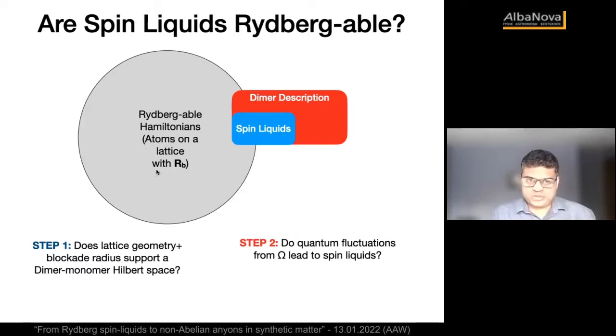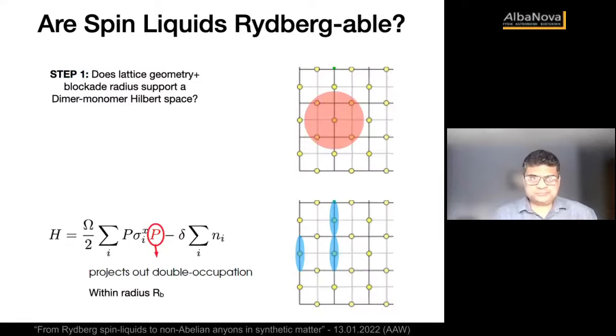So you have this option, and the question is, do you have enough freedom to overlap with these Hamiltonians that have spin liquids? Okay, so you need these two steps. You need to first get the dimer description of the Hilbert space, where you have this kind of constrained Hilbert space. And then you need enough quantum fluctuations that you end up in a liquid state. You don't just freeze up in some particular configuration of the dimers. So it turns out even step one is kind of non-trivial.